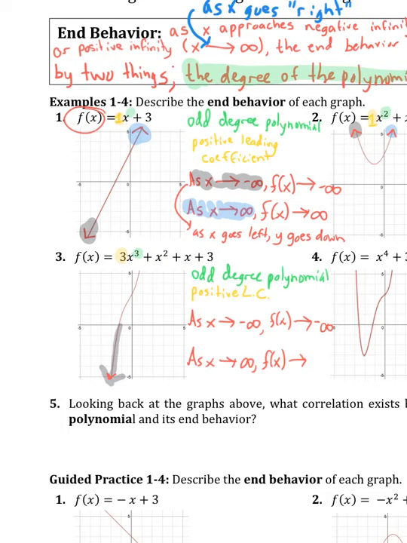As x goes to the right, y is definitely going up. So it's going up to positive infinity. That's the idea with this one. As x goes left, y goes down. As x goes right, y goes up.